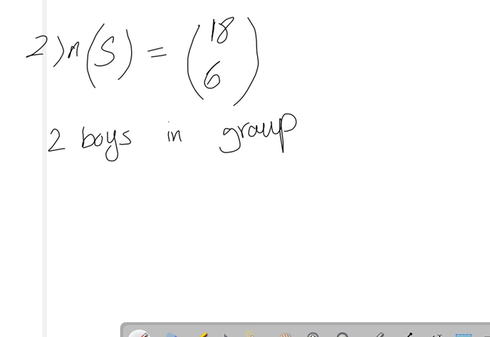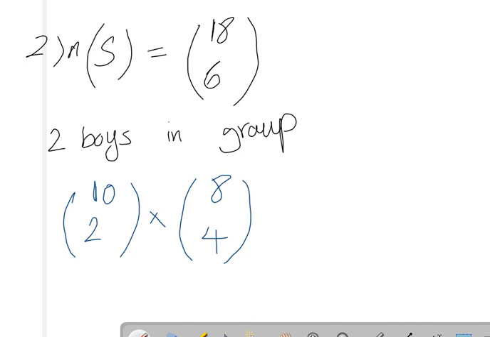So we are going to select 2 boys from 10 boys. Okay, but we need 6 people in the group. Now we have 2 people, so we need 4 girls from 8 girls.